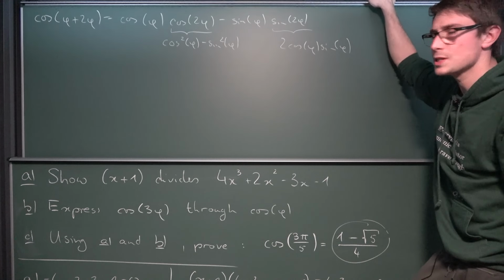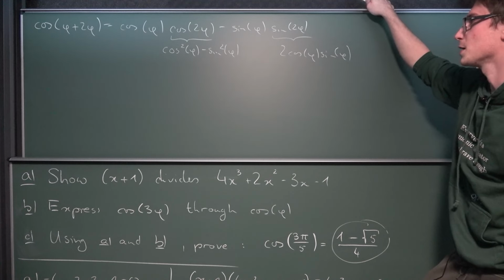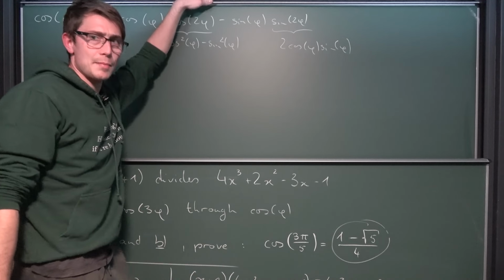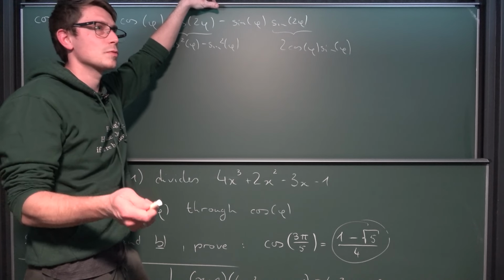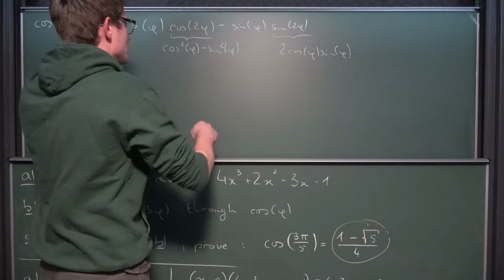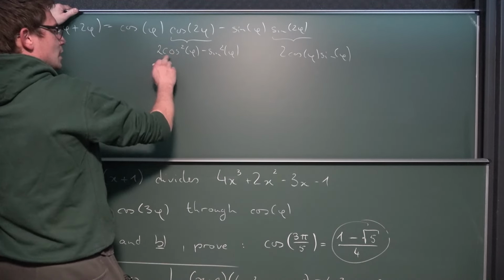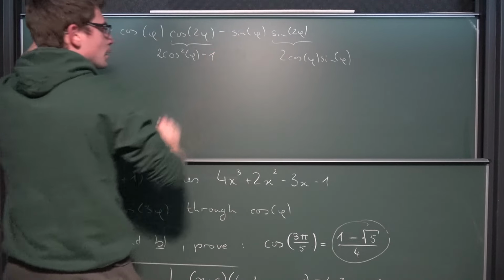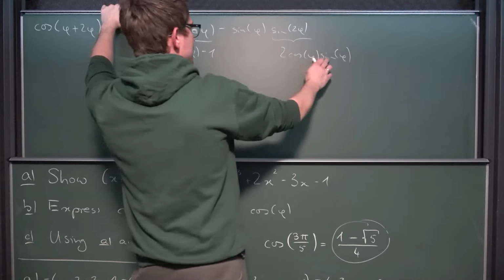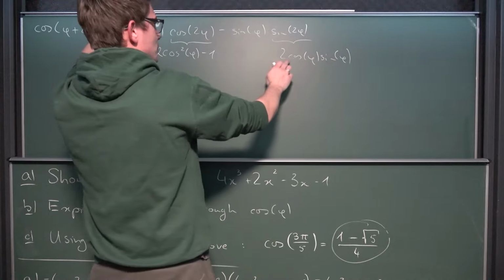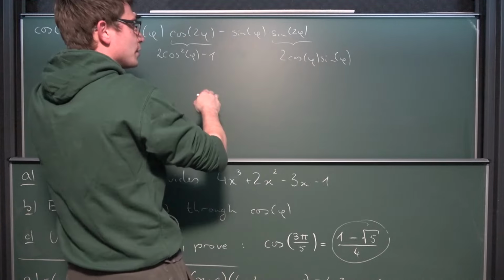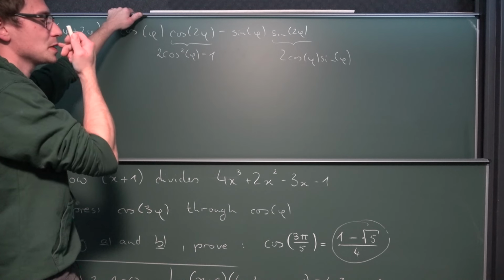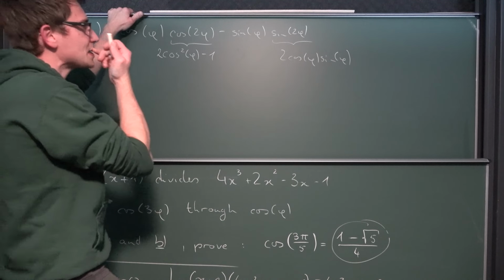We want to express cosine of 3 phi just through cosine of phi, so we need to get rid of a bunch of stuff. Sine squared is the same as 1 minus cosine squared by the fundamental theorem of trigonometry. So this turns into 2 times cosine squared minus 1. And this right here is 2 times cosine phi sine squared phi. Sine squared, as mentioned a second ago, is 1 minus the cosine squared.